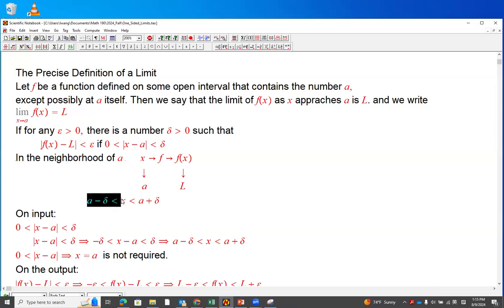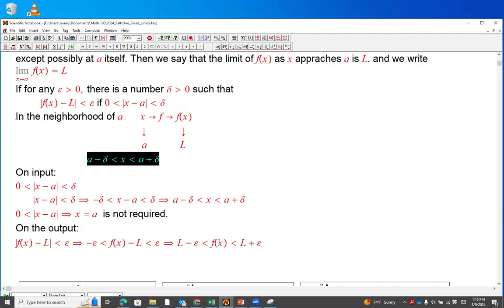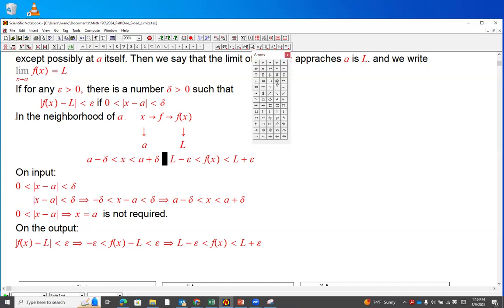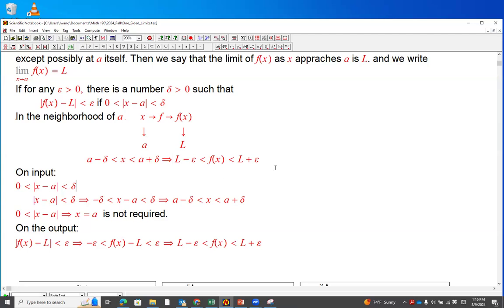If x is between these two numbers in the neighborhood of a, I'll draw you a picture, and the output is going to be inside. So any x in this interval will guarantee, if this is true, then we say the function f of x has a limit L as x approaches a.